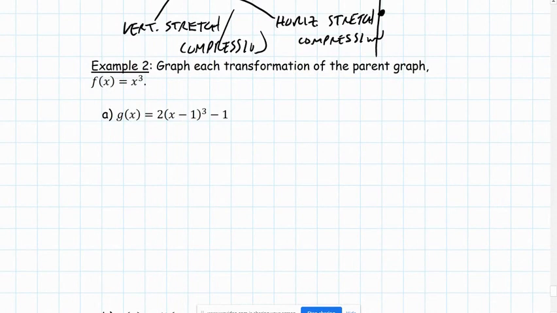And so for this function, we're going to have a vertical stretch by 2. Which means we're going to multiply all the y values in the parent graph by 2. And then this is going to move it right 1, and this is going to move it down 1.